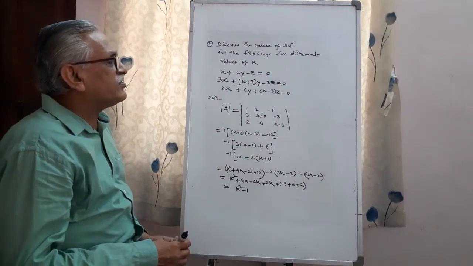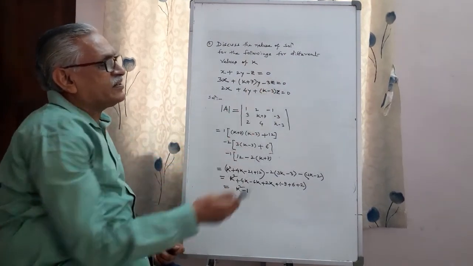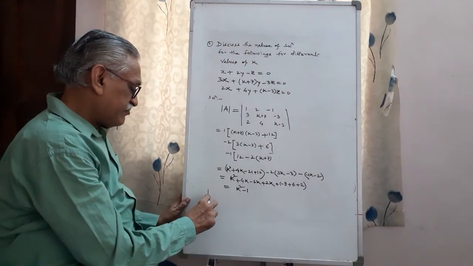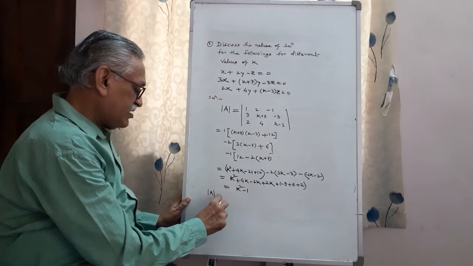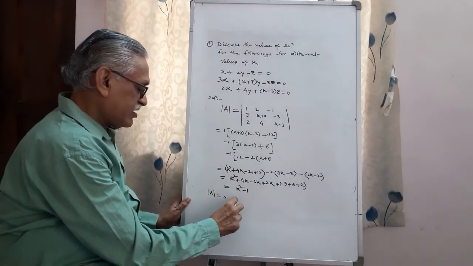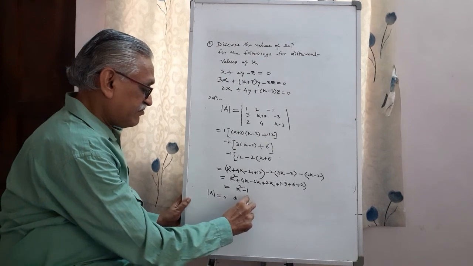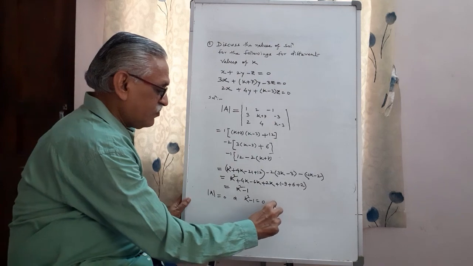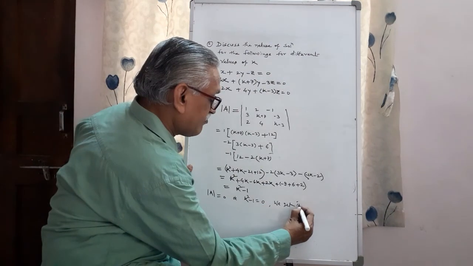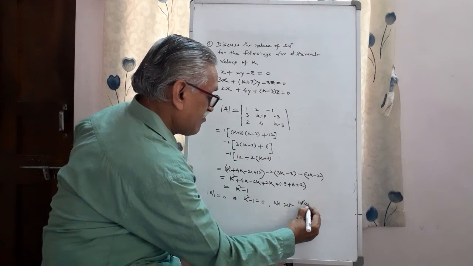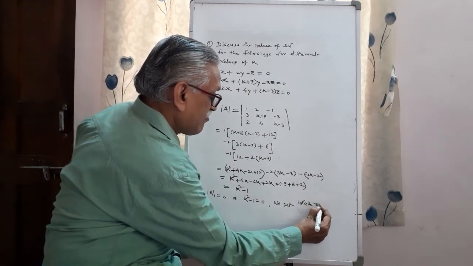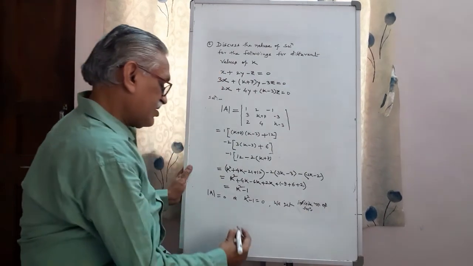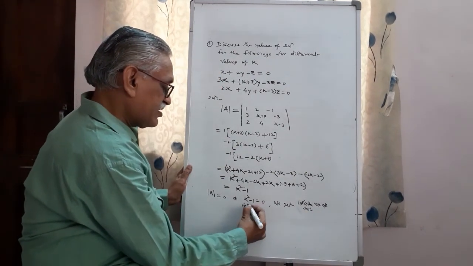Then we discuss for what values of k we get different types of solution. There are two conditions. If determinant of A is equal to 0, that is k square minus 1 equals 0, that means k square equals 1.